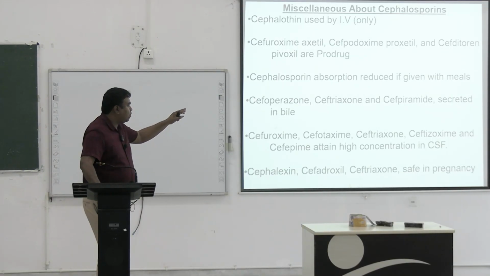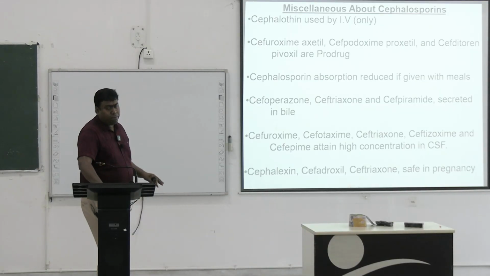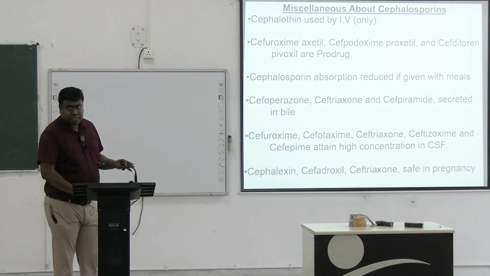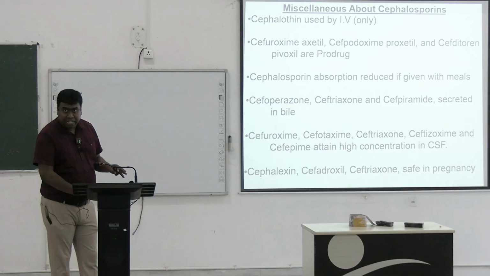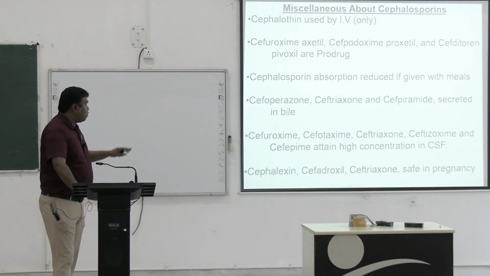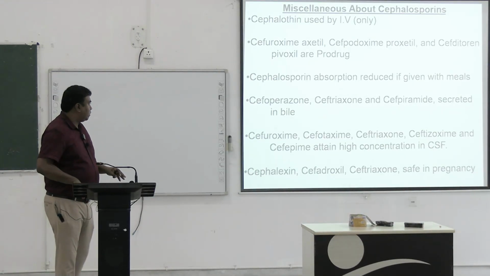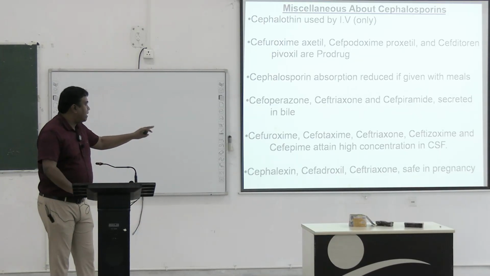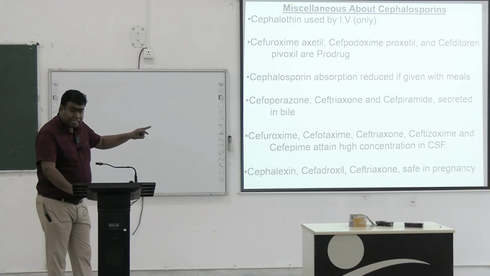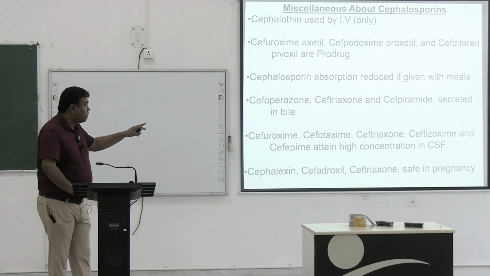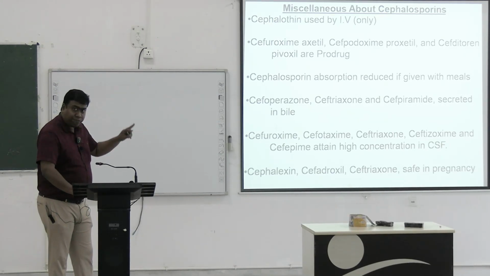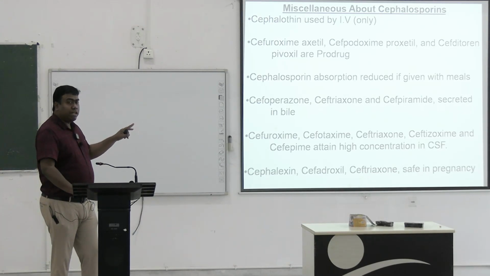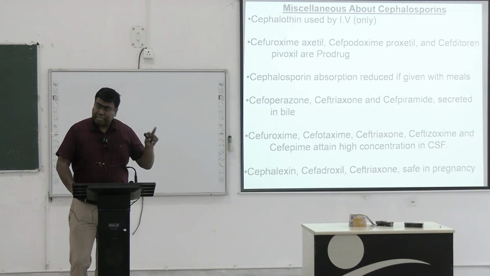Ceftriaxone is secreted by the bile, you have to remember ceftriaxone is excreted in the bile. CSF penetration, again ceftriaxone is very good. Ceftriaxone is which group? Third generation.